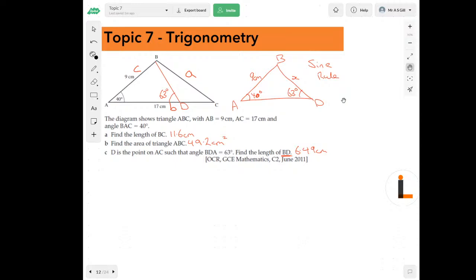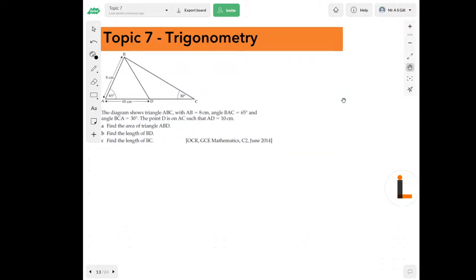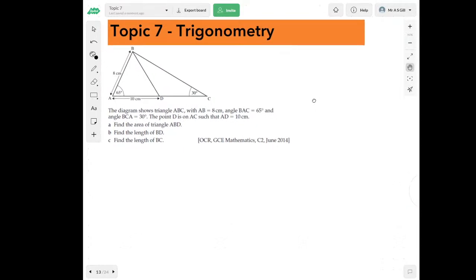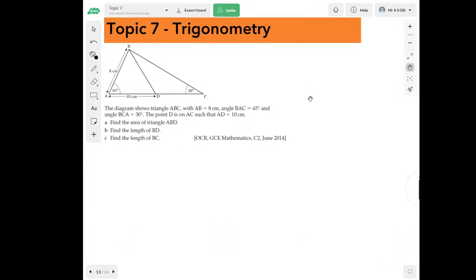Okay, so let's go on to another question. I'm just going to zoom in on this a little. I'll give you some time to read through the question here.